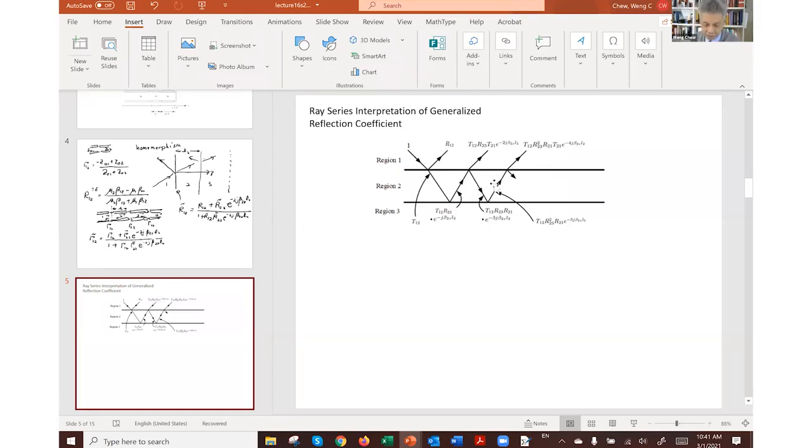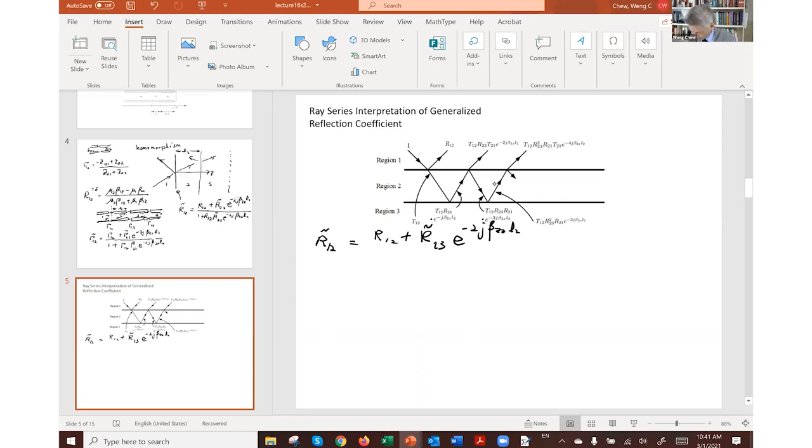So to do this, what we need to do then is to actually take the generalized reflection coefficient and write it as R12 plus R23 tilde, sorry, this is R23 tilde, e to the minus 2j beta 2z L2. And then we will have to add and subtract a term in the numerator.